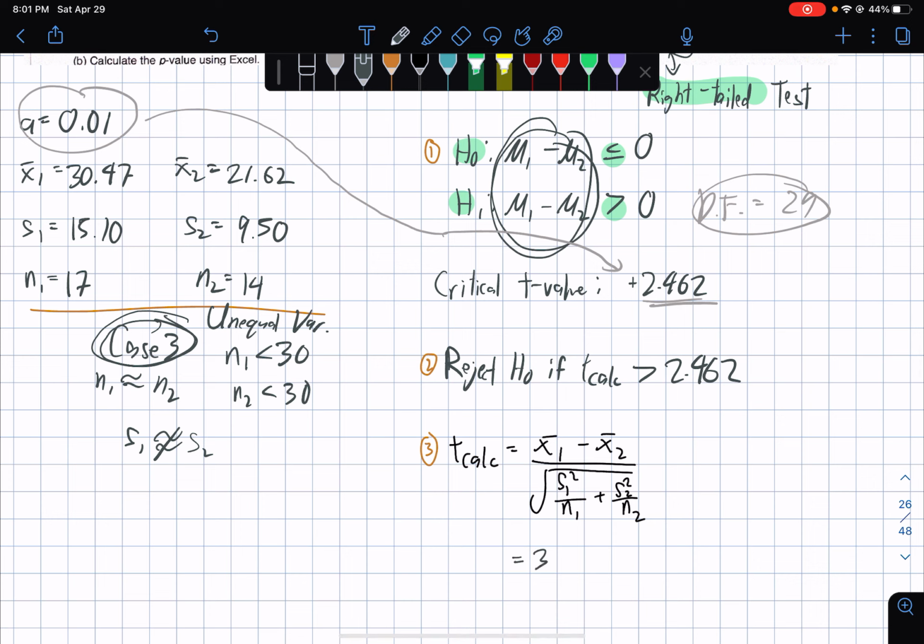x bar 1 is 30.47, x bar 2 is 21.62 over the square root of 15.10 raised to 2 over n1 is 17 plus what is this? S2 raised to 2, 9.50 raised to 2, and then N2 is 14.